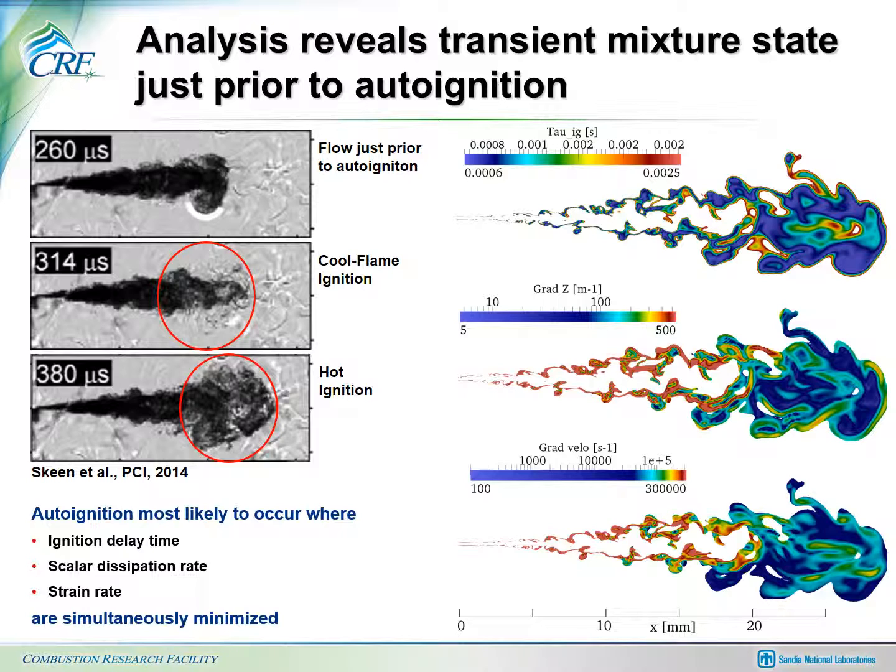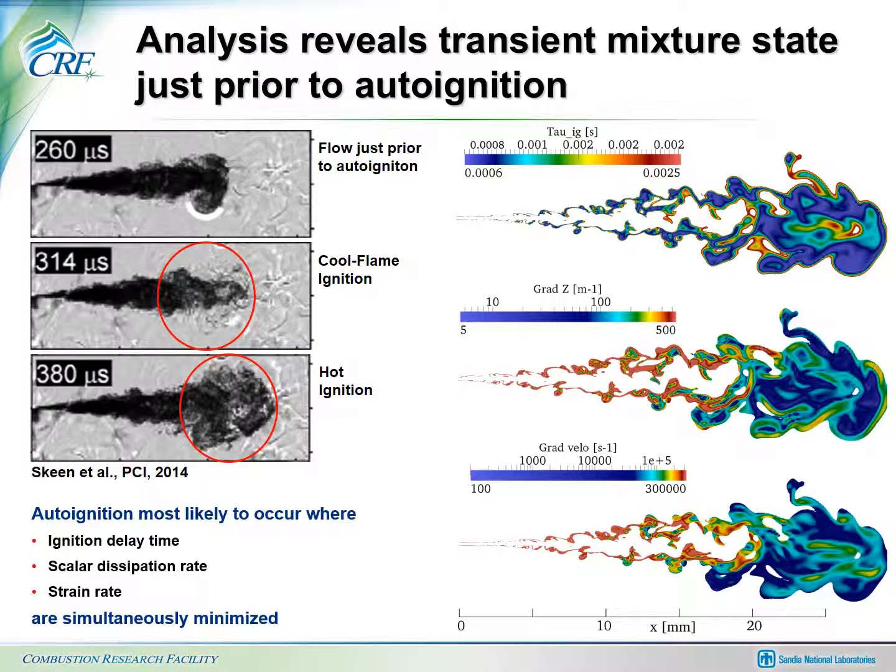On the right, what we're trying to do, with the LES, is, step one, identify where autoignition is most likely to occur by finding where the ignition delay time, scalar dissipation rate, and strain rate are simultaneously minimized.